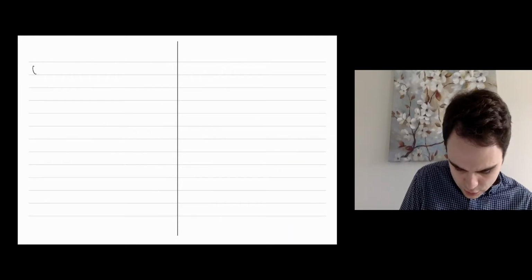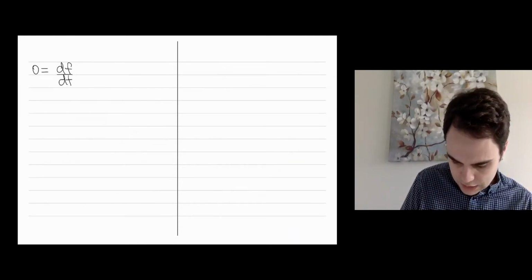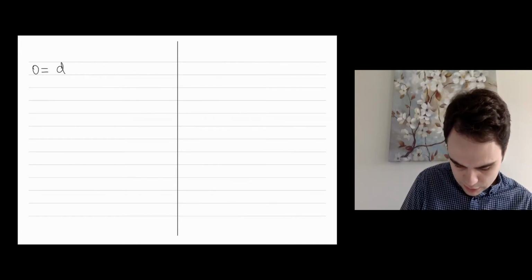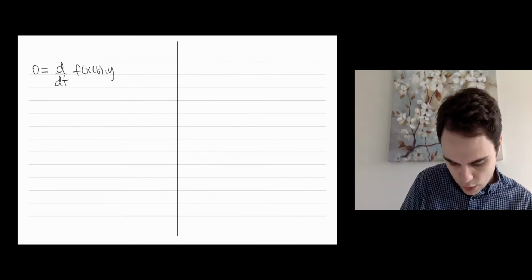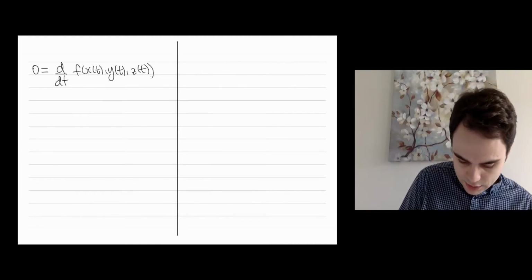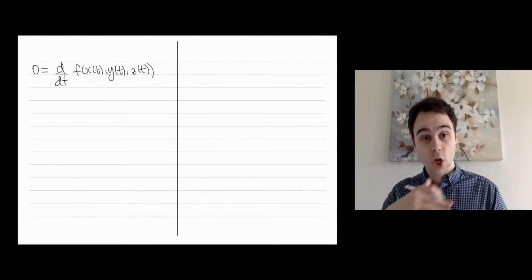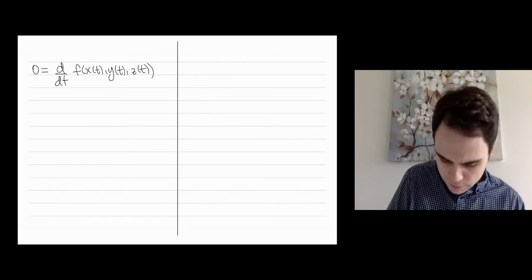So df dt, so d/dt of f of x of t, y of t, z of t is, on the one hand, 0 because f is constant and equal to c on that surface, and in particular on the curve.